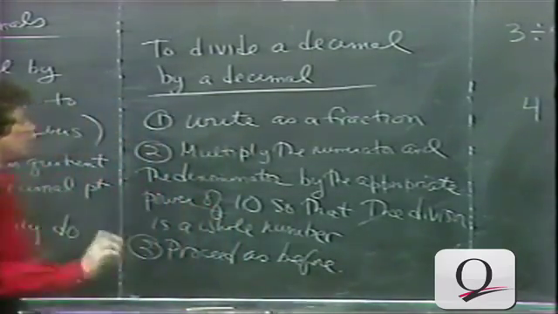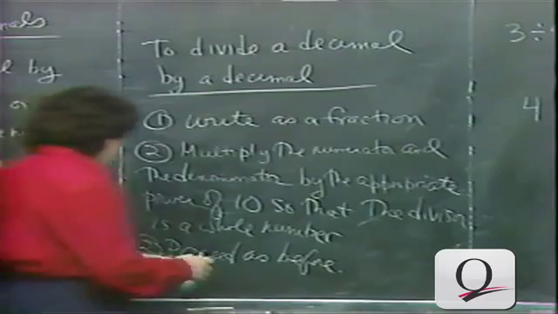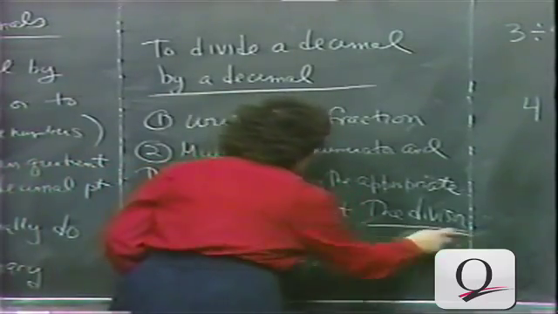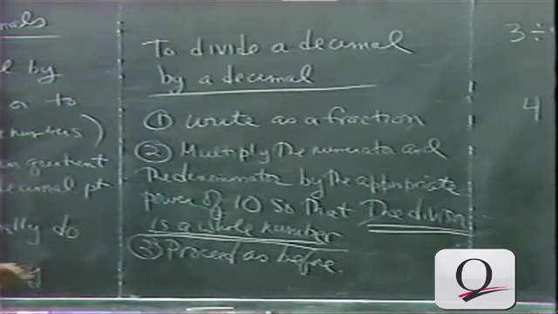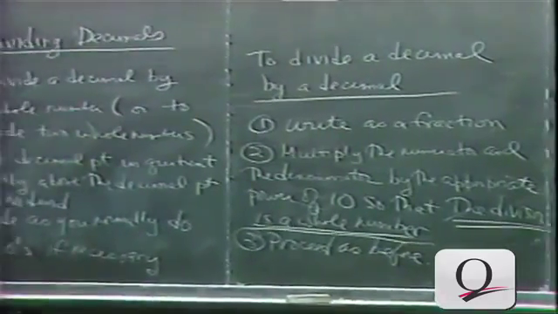In other words, the whole key is that you must have the divisor as a whole number. Without that, you can't work. The divisor has to be a whole number. Once the divisor is a whole number, you're dividing by a whole number, it reverts back to the last set of rules.